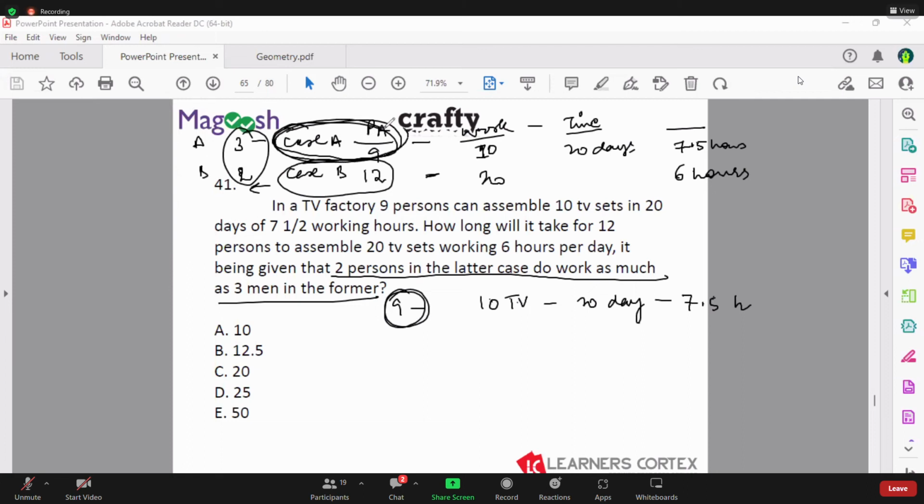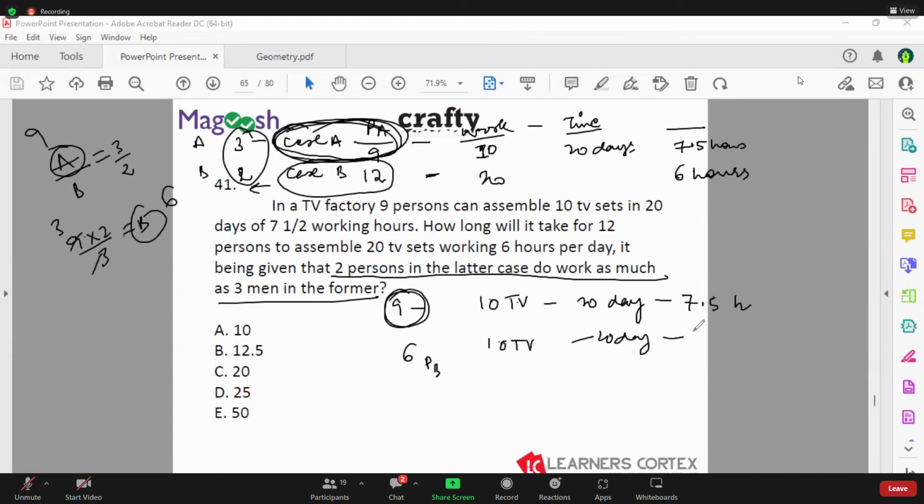We can change this 9 to 6, because A over B is 3:2 and here the number of people is 9. We can basically change this and take out the value of 3. Does that make sense? Yeah. So here 6 people from case B make the same TV sets in the same time for the same number of working hours.